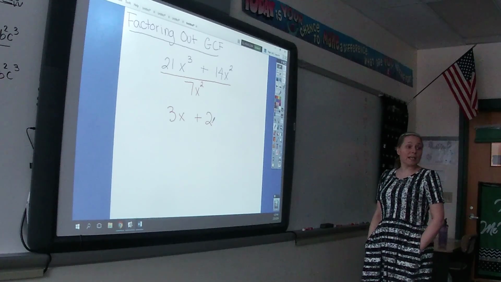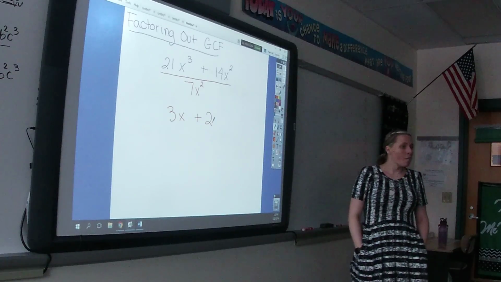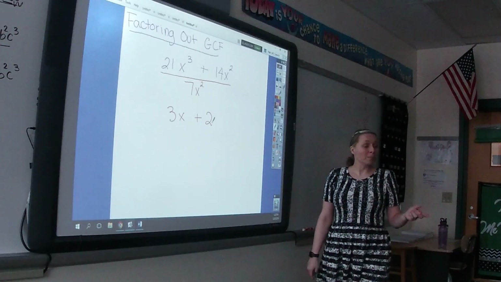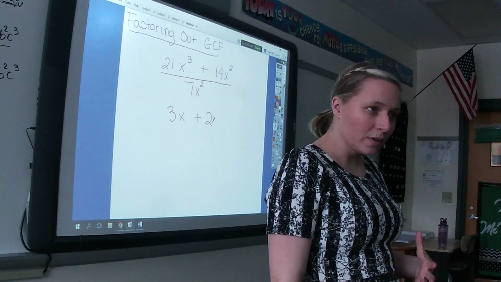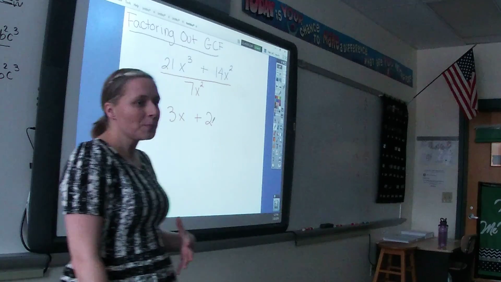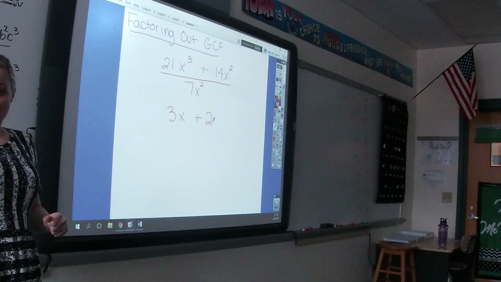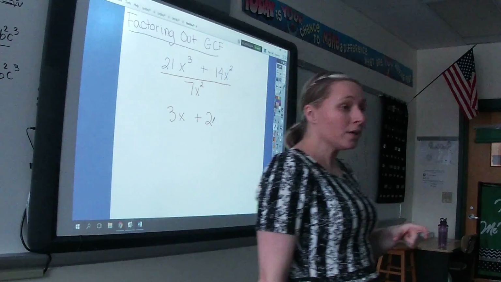So now we ask ourselves again, is there anything that goes into 3 that also goes into 2? 1, right? Nothing, so we know we're done. But now we don't want to find the GCF, we're factoring out the GCF. So what is our GCF? 7x squared. Which means we want numbers multiplied together.